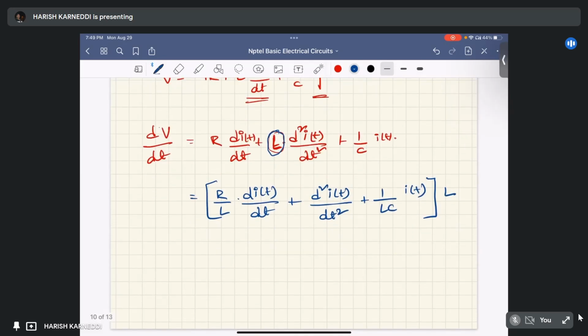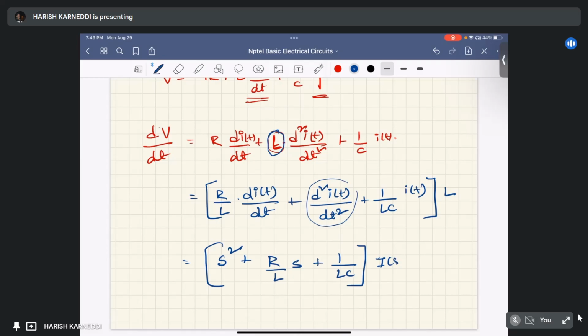It looks like a second order equation, right? We can write this as s square plus R by L s plus 1 by LC into I of s, which looks like a second order equation.